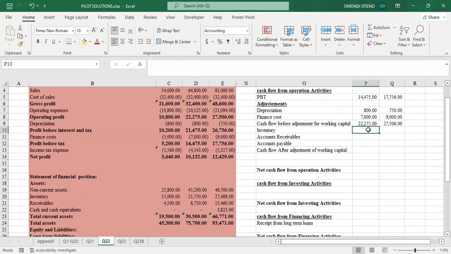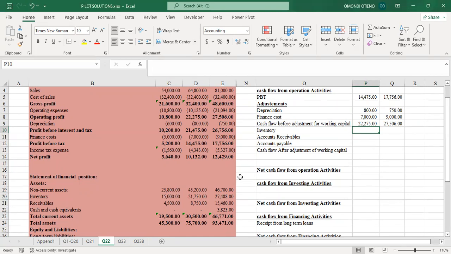Under inventory, remember, if there's going to be an increase in inventory, then it means we bought some goods, and by buying some goods, we are going to spend money. So that one is cash outflow. To avoid trying to interpret that, which may confuse you in the process, you simply look at the effect.